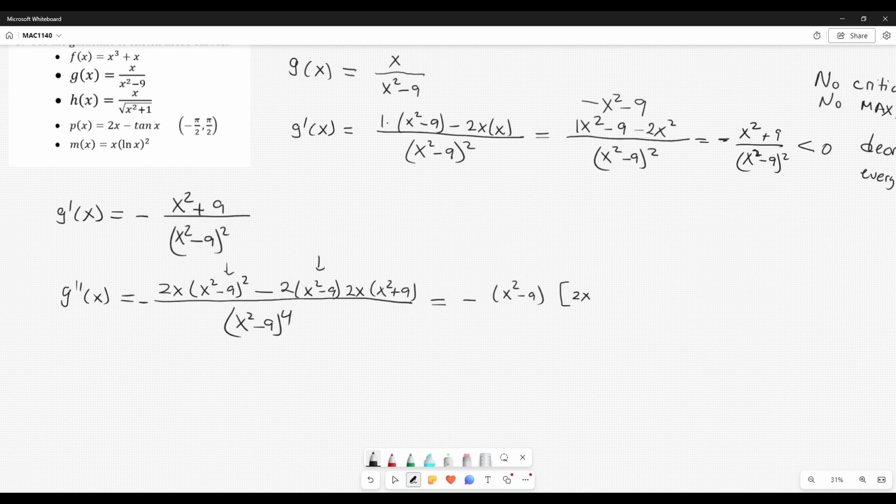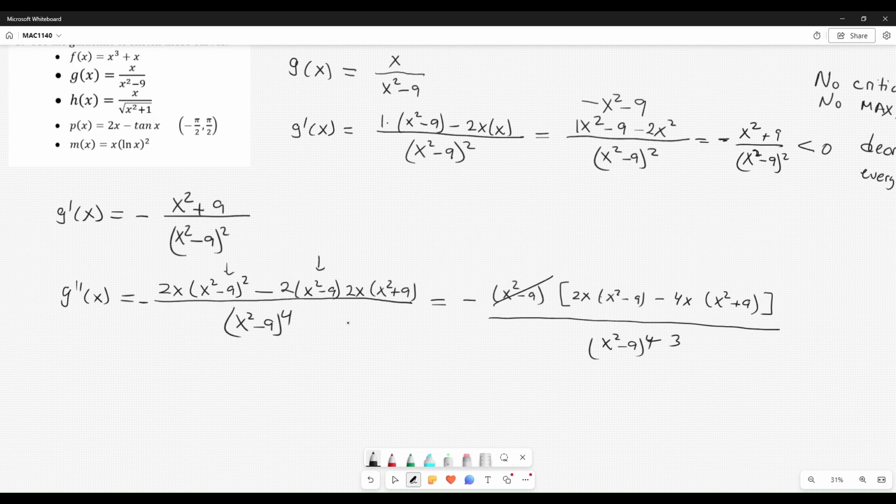Minus 2x times x squared minus 9 one time, minus 4x times x squared plus 9, over x squared minus 9 to the fourth power. By the way, this cancels, and only one stays.